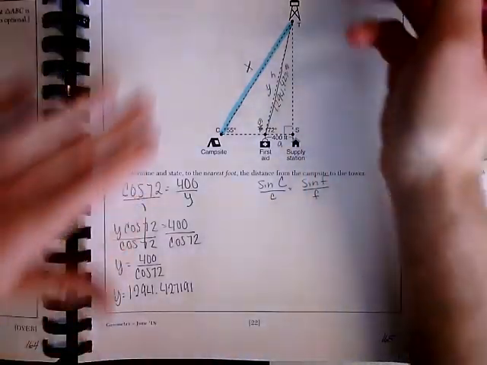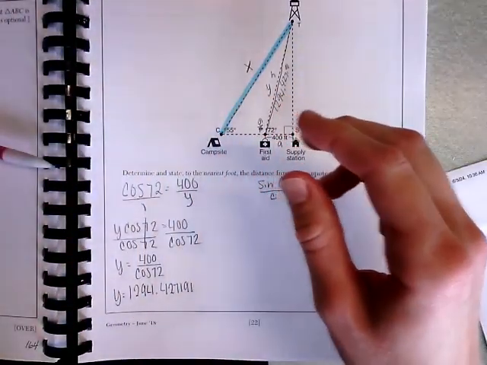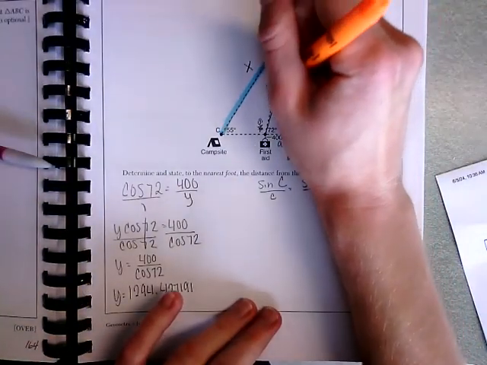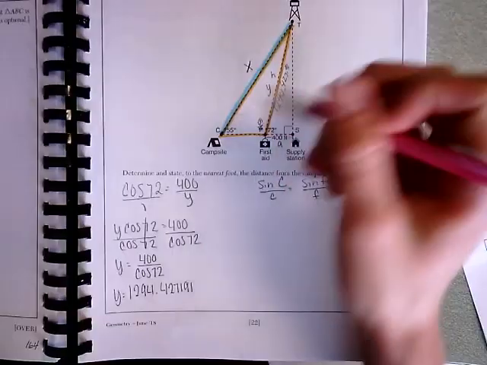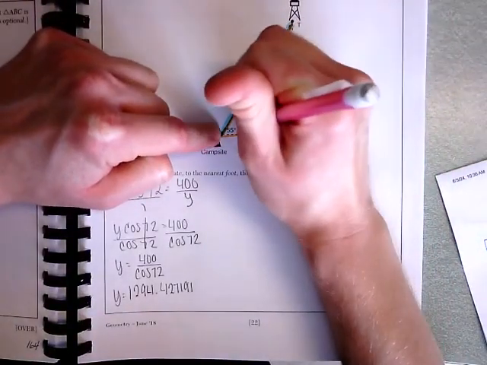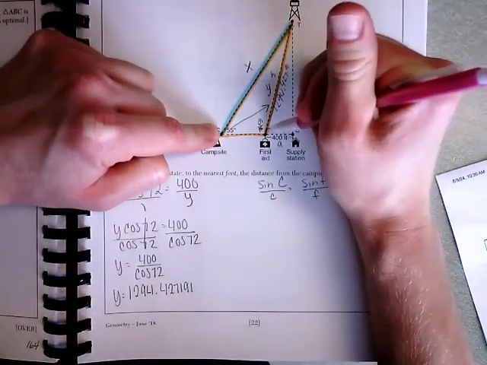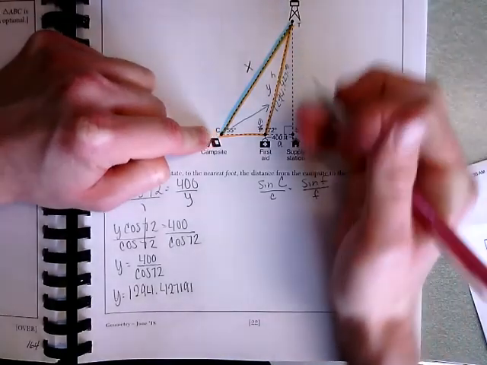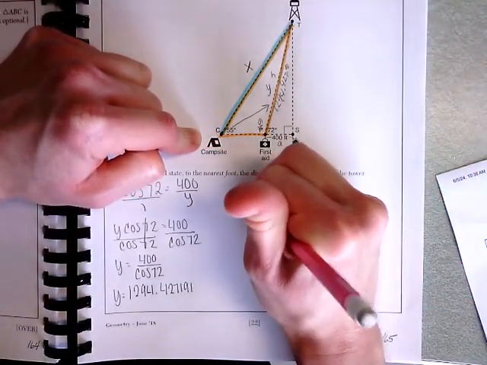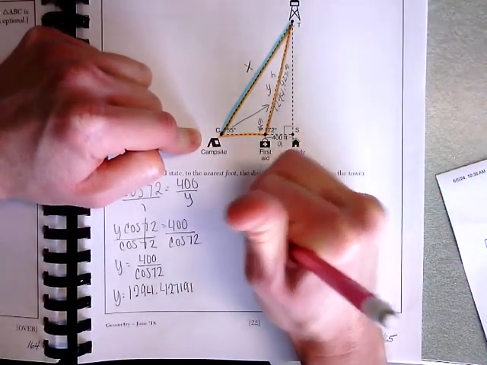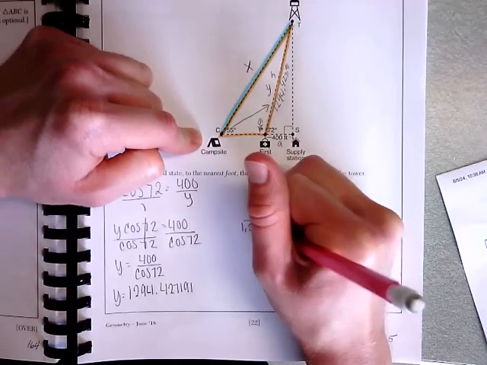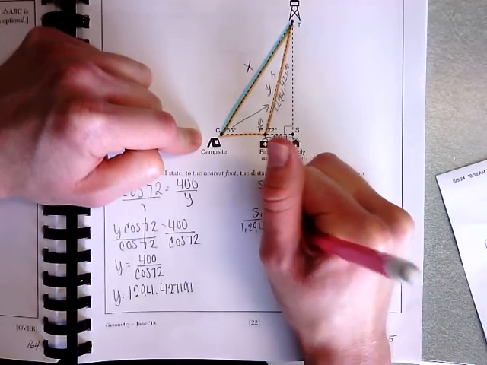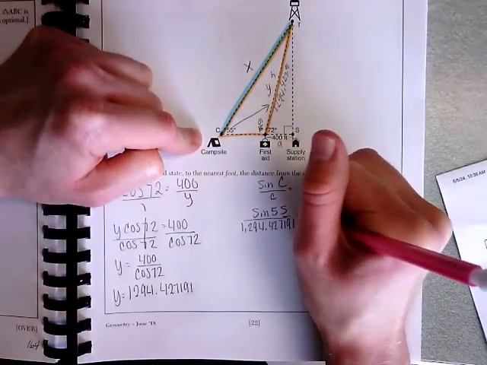Now let's take a look at this triangle right here. We are given this angle and we just found this side, so I'm going to use 55 and the opposite side, which is this. So we're going to start off there: sine of 55 over 1,294.427191.